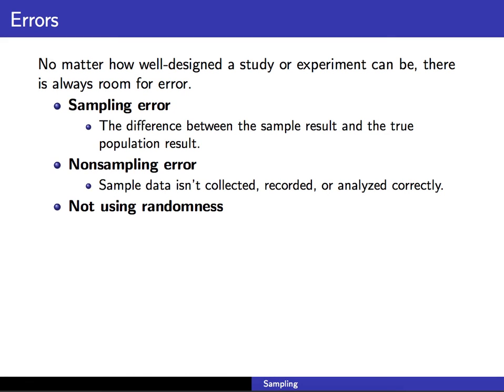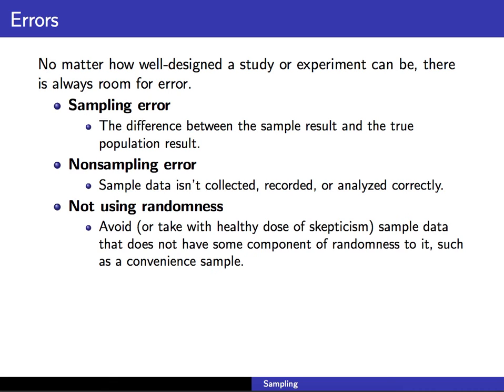And then there's not using randomness. We want to get a random sample somehow, and even stratified and cluster sampling still incorporate randomness into the process. If things aren't done randomly, then there's a lot of room for bias, which is favoritism in a certain direction, which we want to avoid in terms of getting information about a population.